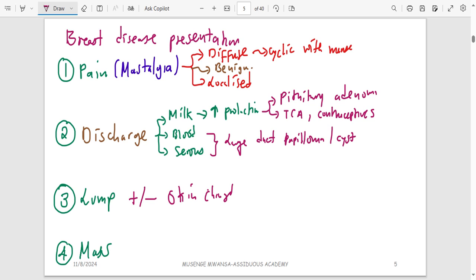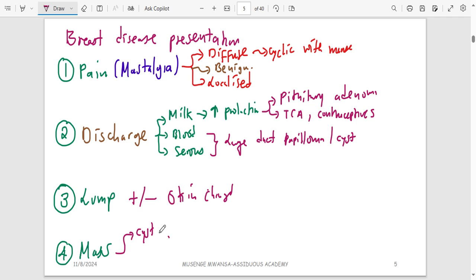Okay, and when you're talking about breast mass, the most common lesions are cysts. You are feeling a mass in the breast that is basically a structure filled with fluid. That's a cyst.